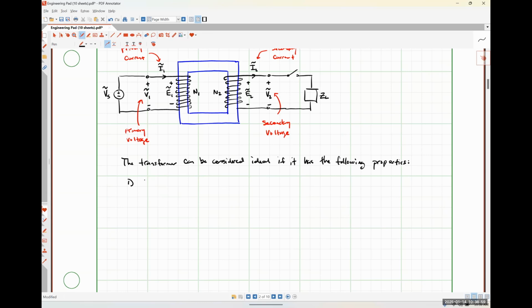First one, the resistances of the windings are negligible, meaning effectively that they're so small we consider them to be zero, okay?